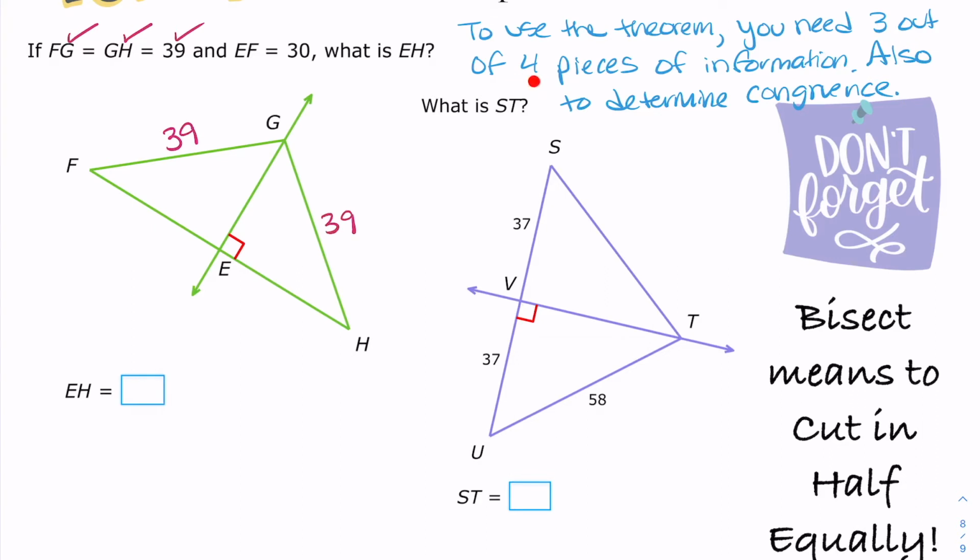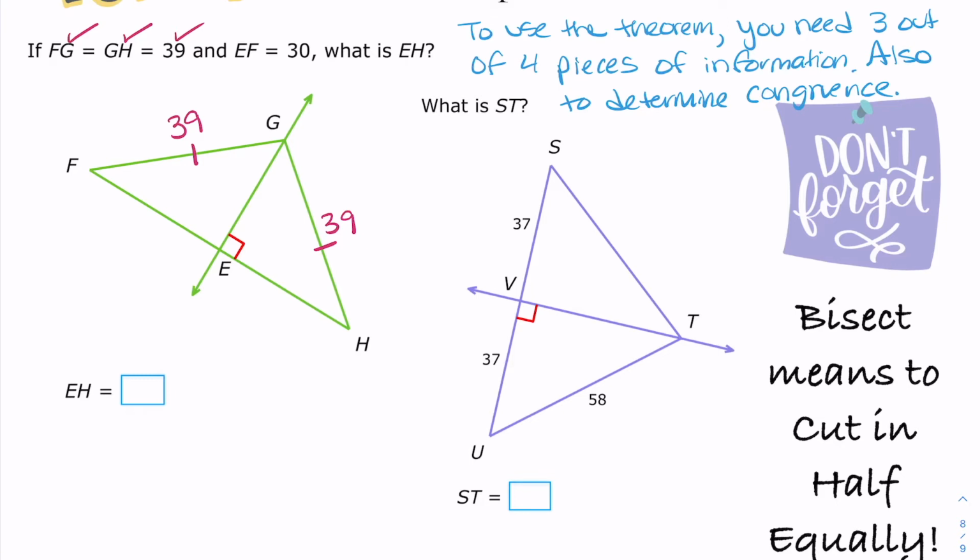So far, they've given me 2 pieces of information. And we know that these are congruent because they're both 39, so I put tick marks in for them, okay? So these are both congruent at 39, and that's the also to determine congruence. So far I got this going on, okay?